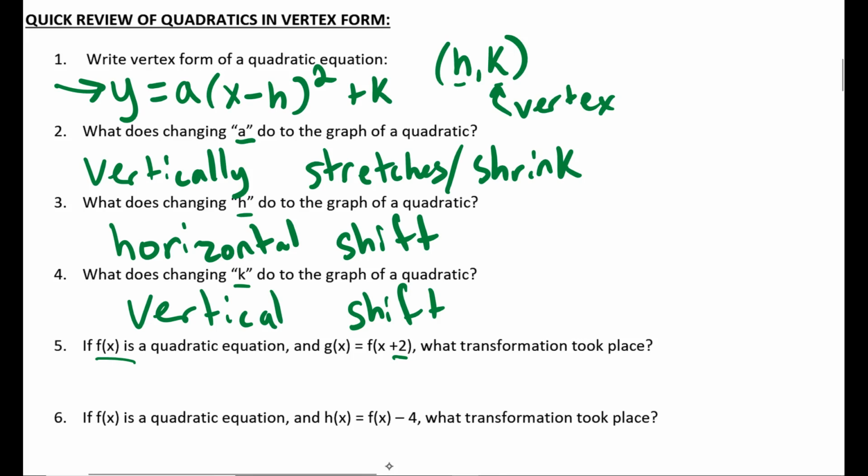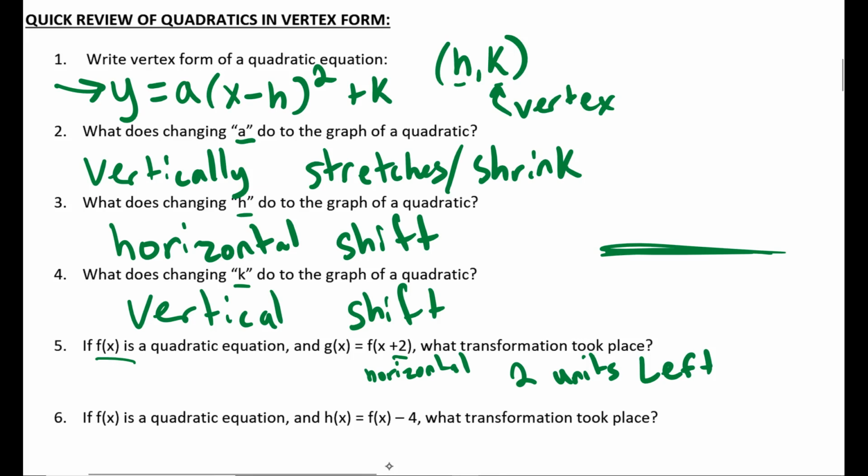So since it's changing the x values, the x-axis runs left to right. So I know this is going to be a horizontal change. And when I'm adding 2 to x, that's going to be a shift of 2 units left.